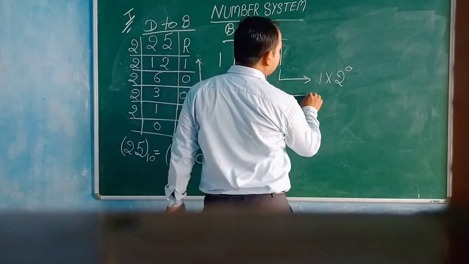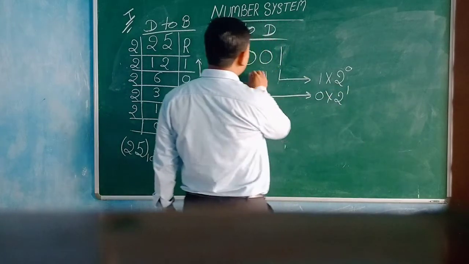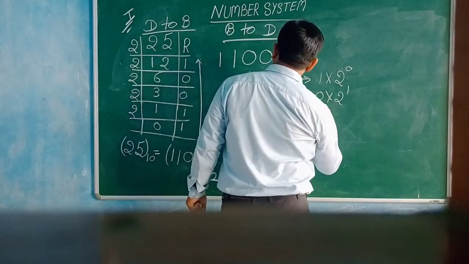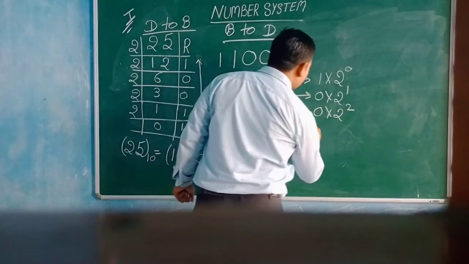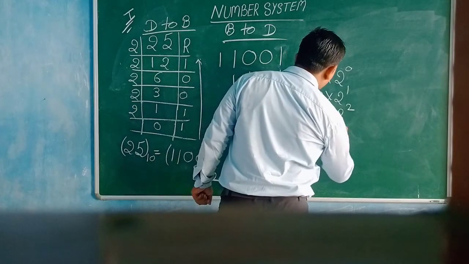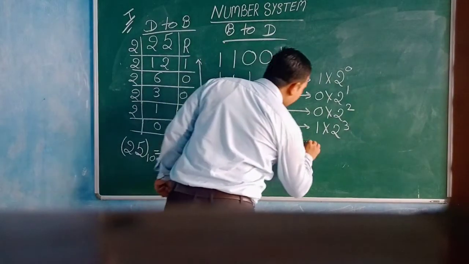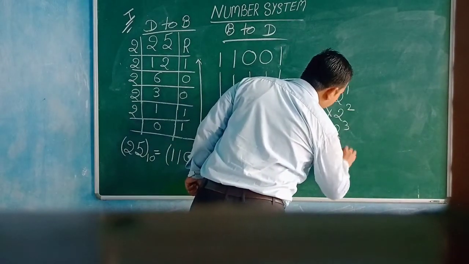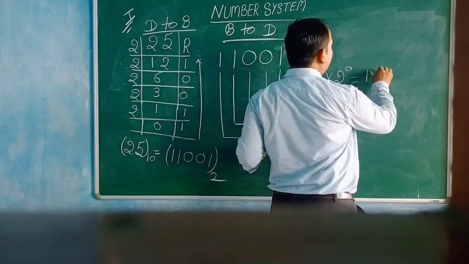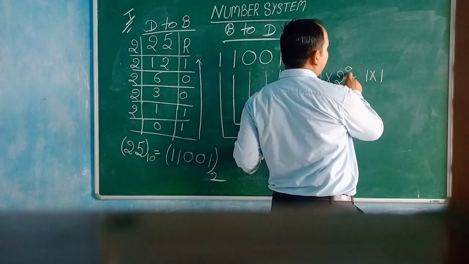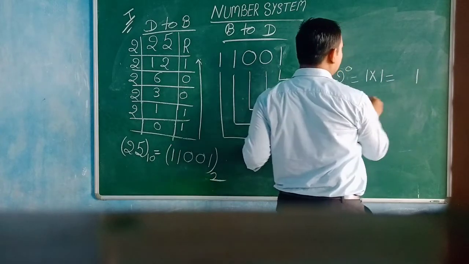Next, 0 into 2 to the power 1. 0 into 2 to the power 2. 1 into 2 to the power 3. 1 into 2 to the power 4. Here 1 into 2 to the power 0 is 1.